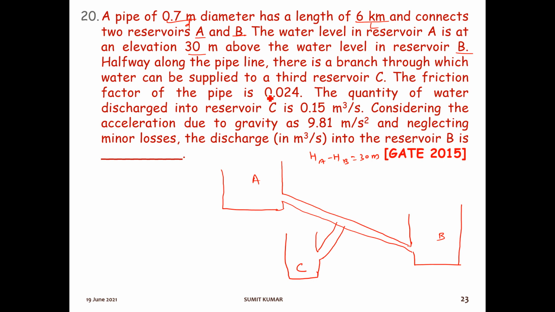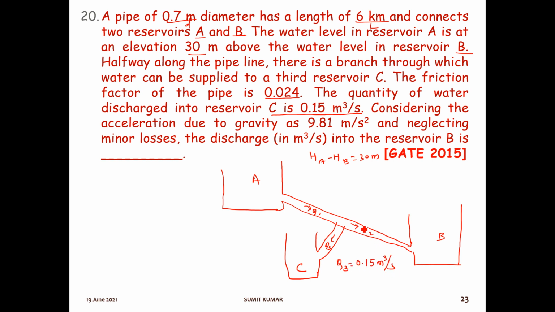The friction factor of the pipe is 0.024. The quantity of water discharged into reservoir C is 0.15 meter cube per second. Suppose this is Q1, this will go Q2, and this is Q3. Q3 is 0.15 meter cube per second.